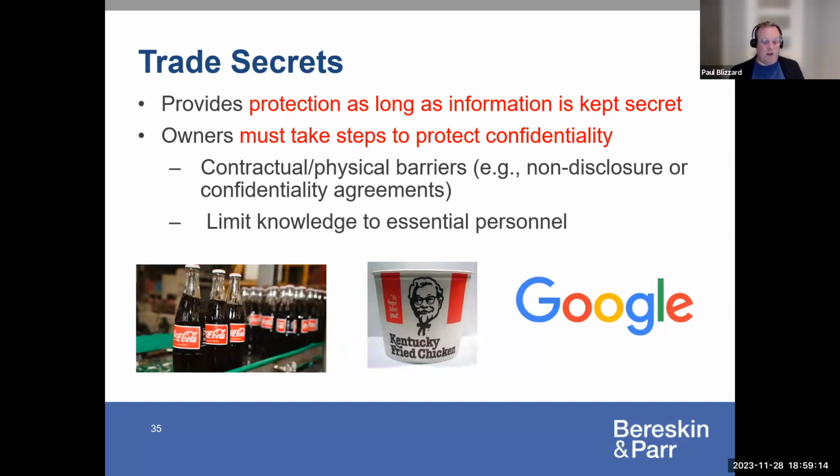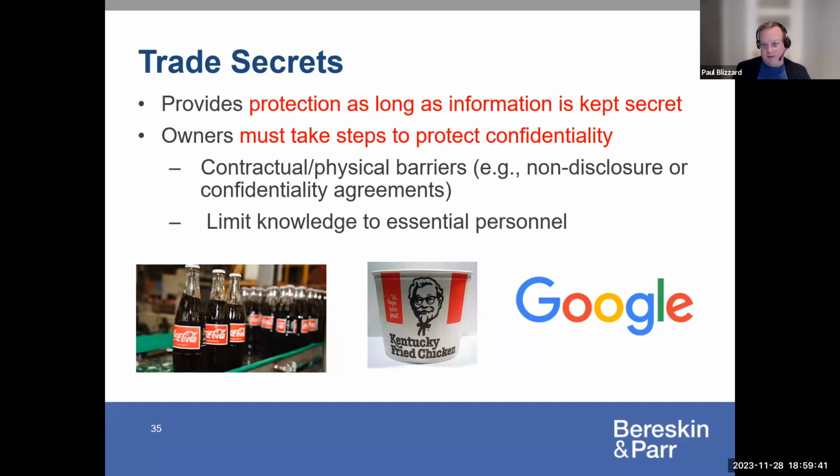So when you start out, confidentiality is very important. The regime for trade secrets provides protection as long as information is kept secret. And you have to take steps to protect the confidential nature of whatever it is that you're trying to keep secret. That includes control and physical barriers.